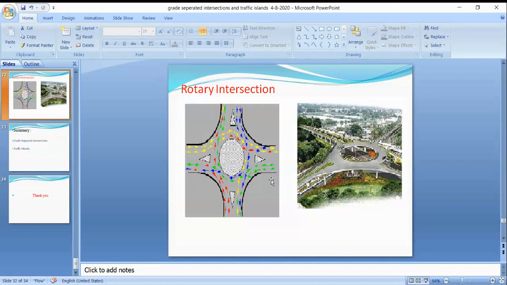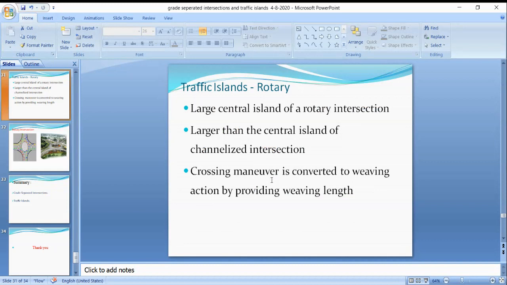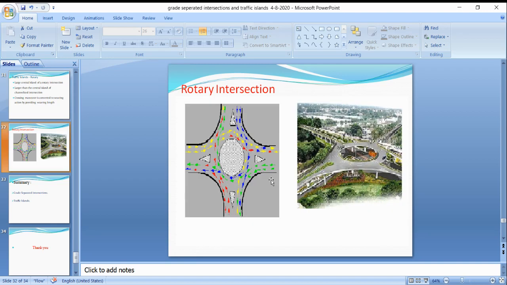Where there is a large space and more traffic, a larger central island area is required for the rotary intersection. Where there are more chances of accidents, we will provide these rotary intersections. So this is about all the traffic islands.